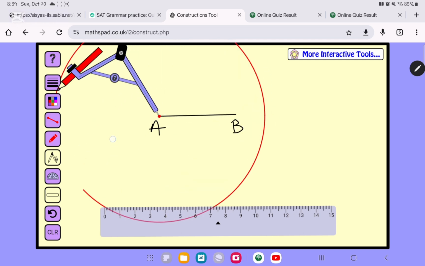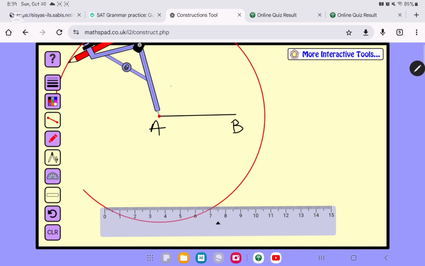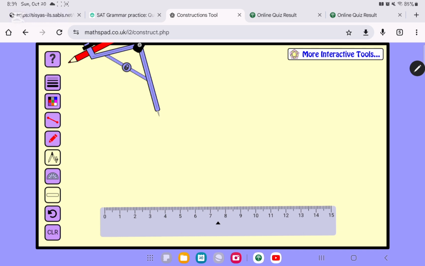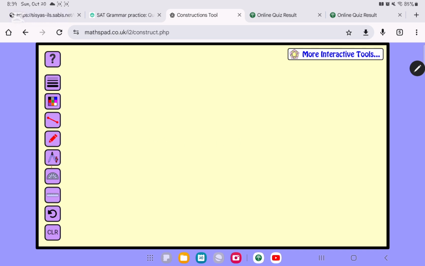Okay? I think it's too high up. So you know what I'll do? I'll clear everything and redo it from the beginning. I'll put it more down.